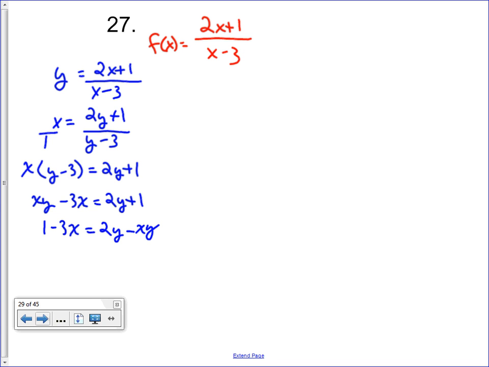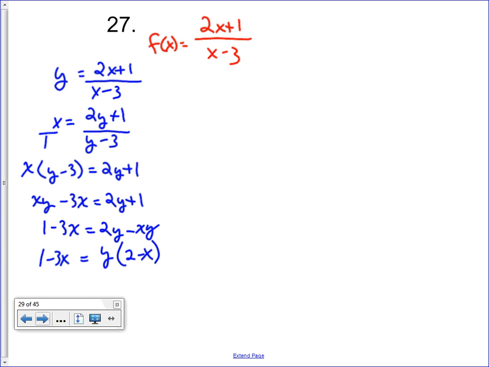Okay, is everybody good with that? Now I have both y terms on the right. I still have two y's though. I need a y in only one location. So I'm going to factor out that y and get 2 minus x. So now y is only in one place. That equals 1 minus 3x.